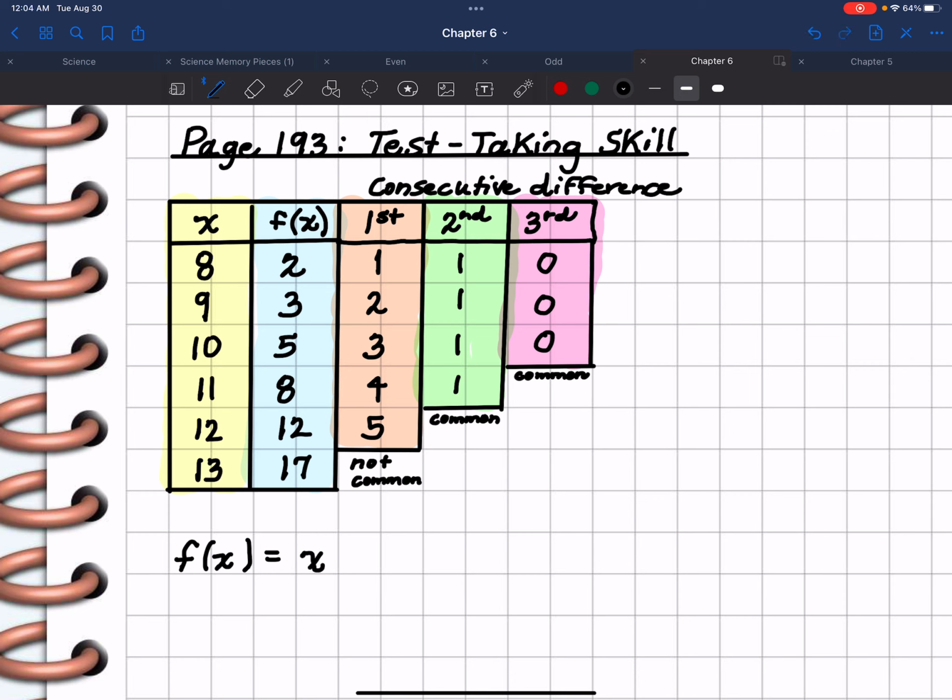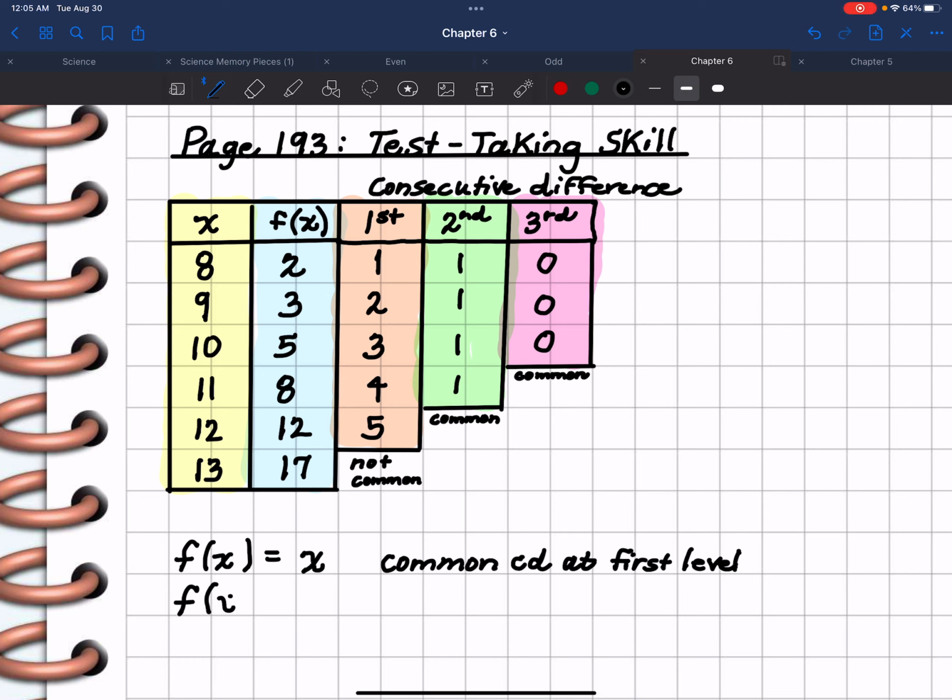If it's just a plain x, the common consecutive difference will be at the first level. And we do not have that. In that orange column, we do not have a common difference.